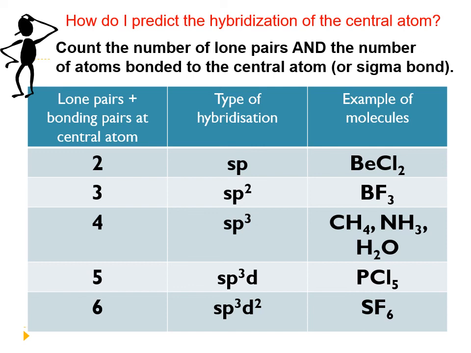CH4, NH3, H2O have a total of 4 for lone pairs plus bonding pairs, so it is sp3. PCl5 has 5 bonding pairs, so it is sp3d. SF6 has 6 bonding pairs, so it is sp3d2.